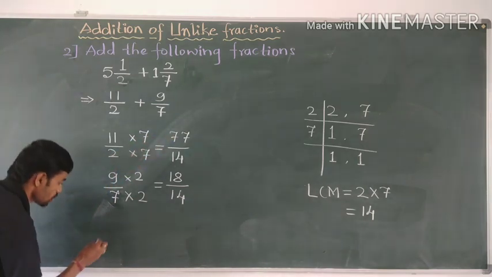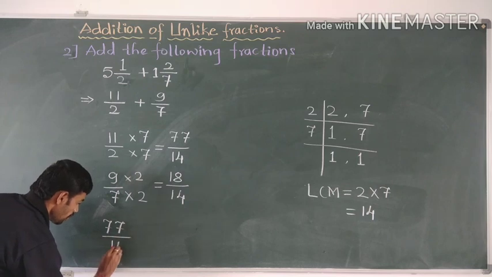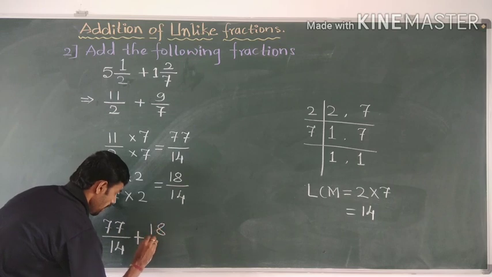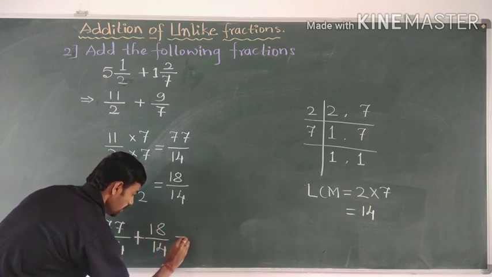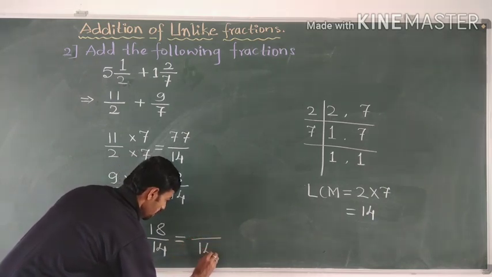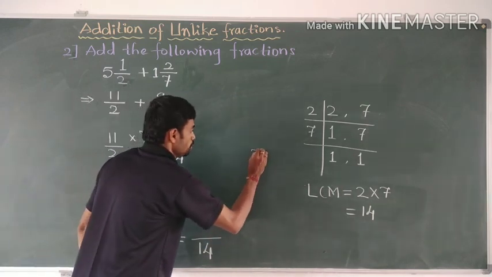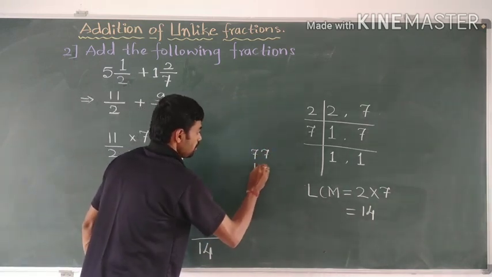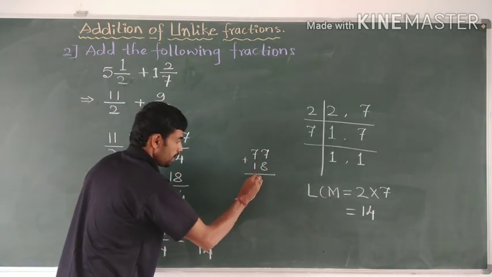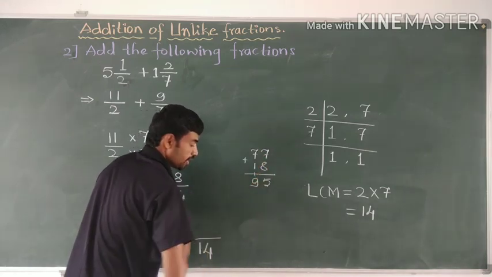Then add these two. 77 by 14 plus 18 by 14. The denominator you have to keep as it is. Now 77 plus 18, only the numerators we need to add. 7 plus 8, 15. 7 plus 1 plus 1, 9. 95.